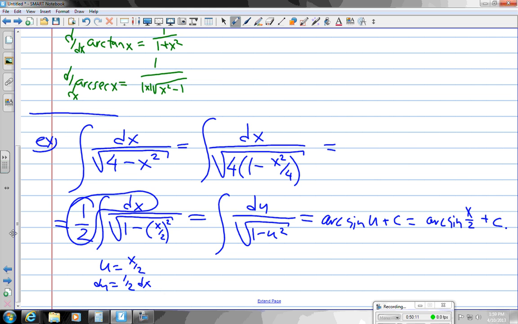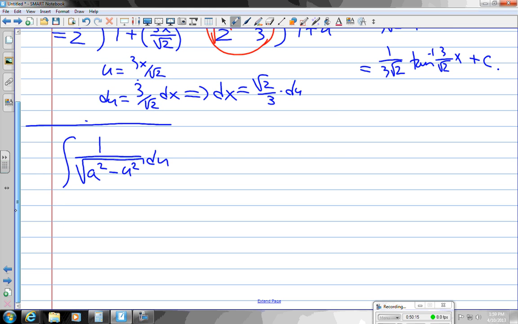Have a constant minus function squared. The general rule here is 1 over a arc sine u over a. Actually no, I'll take this back, no 1 over a.